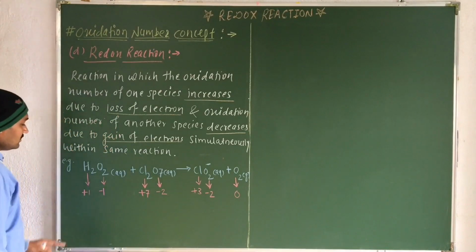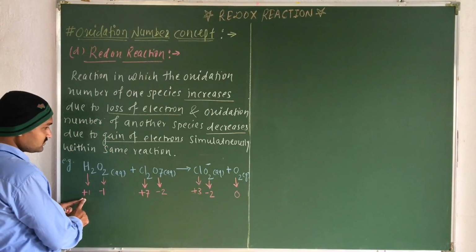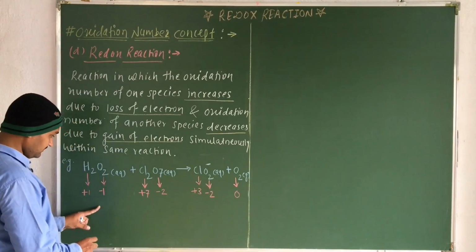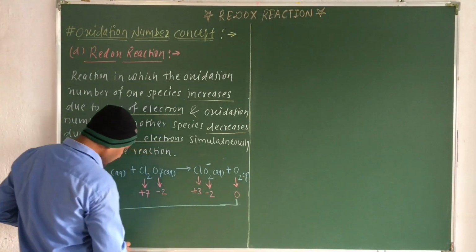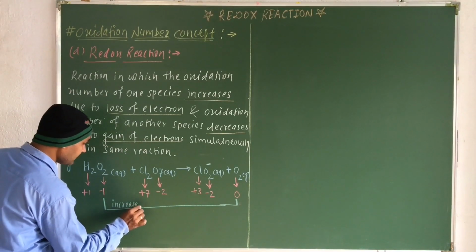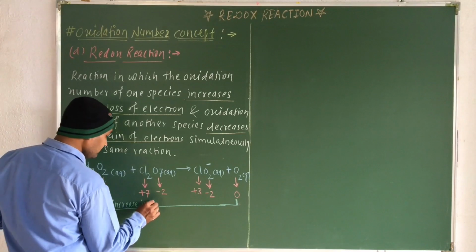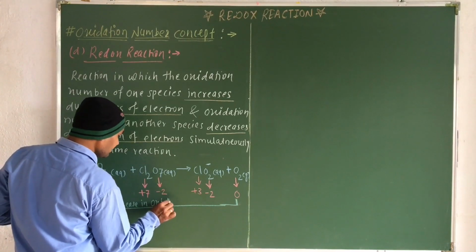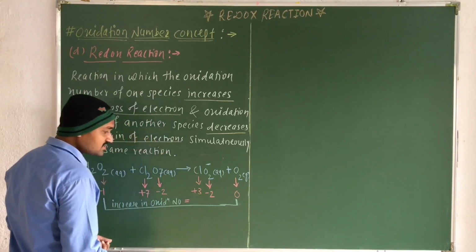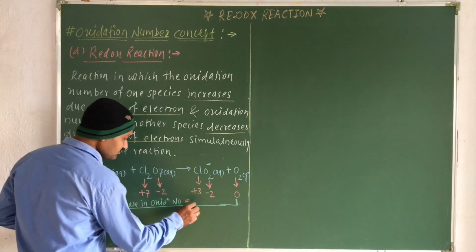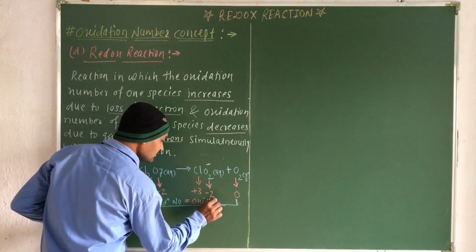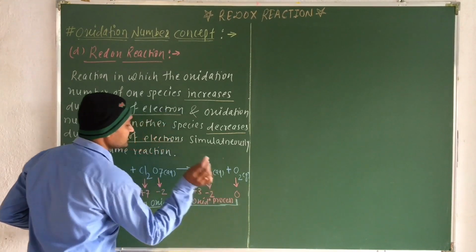Hydrogen is +1, so there is no hydrogen atom change. Here the oxygen atom goes from -1 to 0, so there is an increase in oxidation number. Therefore this particular reaction will be your oxidation process or oxidation reaction.